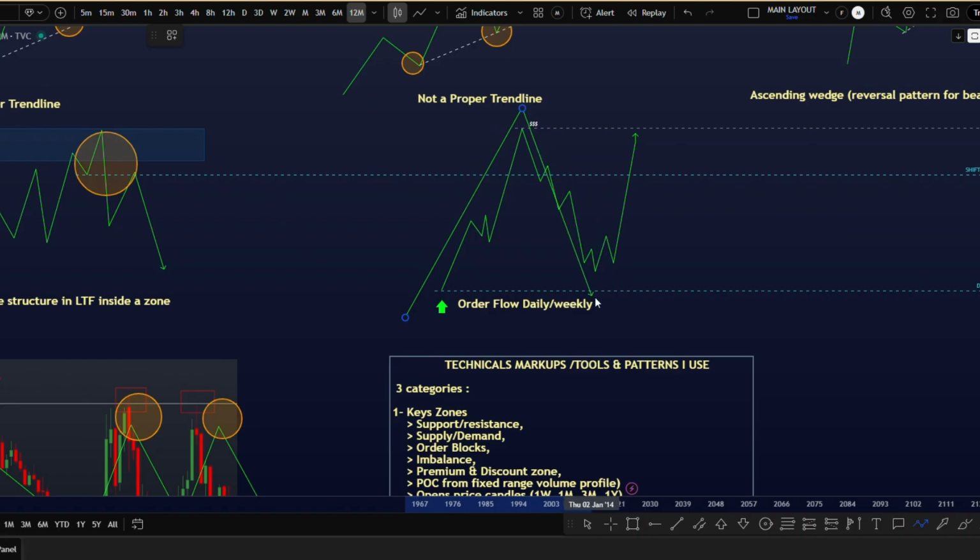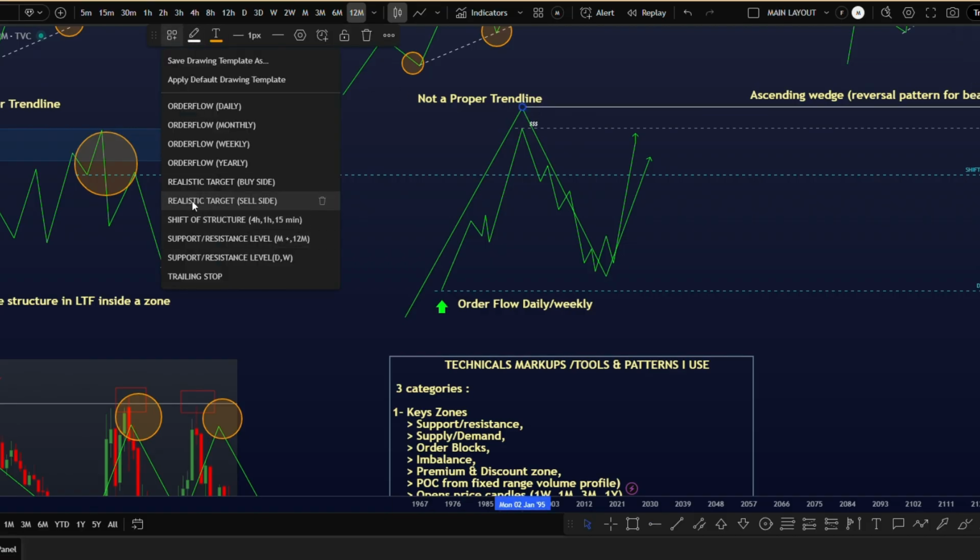So if I have, for example, a structure like that, a big impulsion in daily, a retracement forming a potentially higher low, and then we expect price to run the next high, which will be for me the realistic target on the buy side.